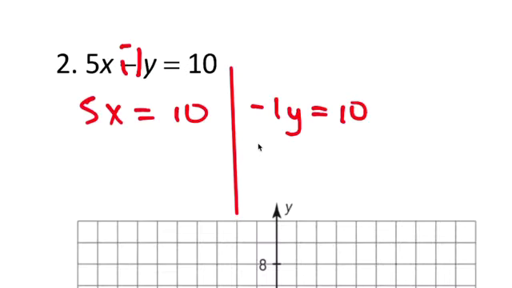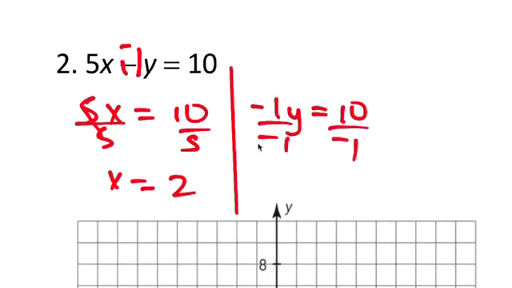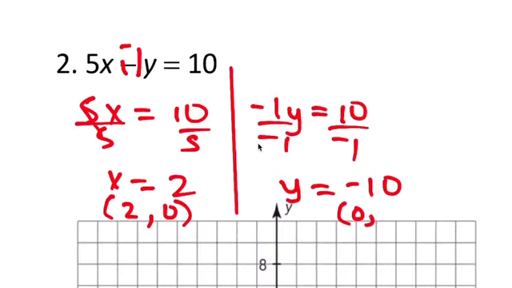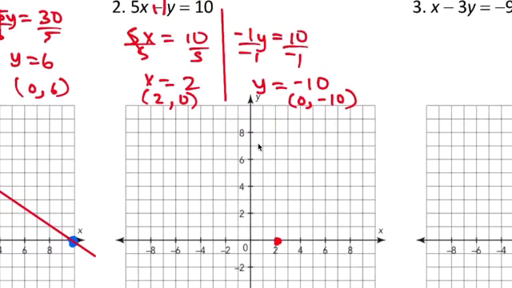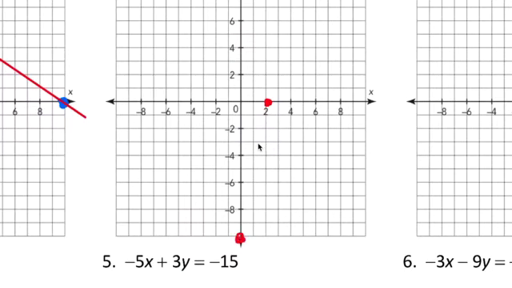X-intercept, y-intercept. Divide by 5. Divide by negative 1. This is 2, 0. This is 0, negative 10. 2, 0 right here. 0, negative 10 is down here.